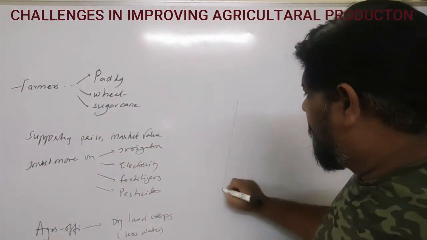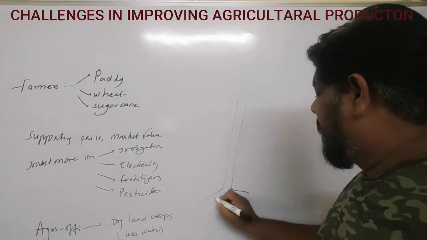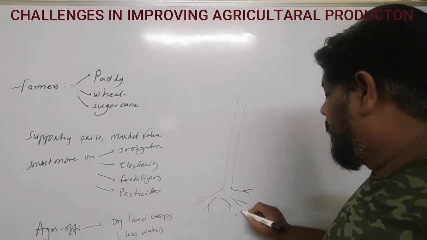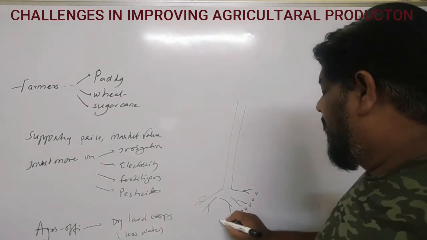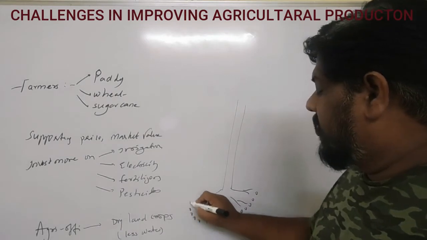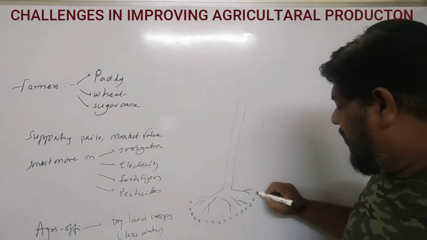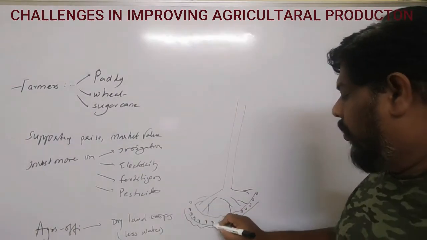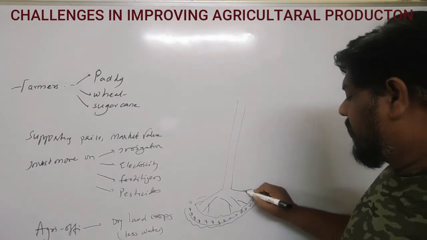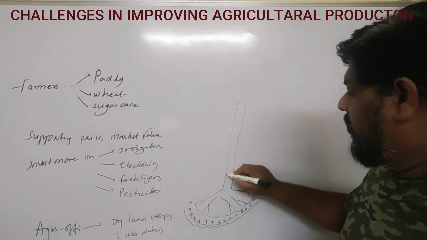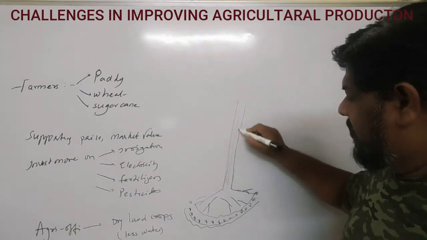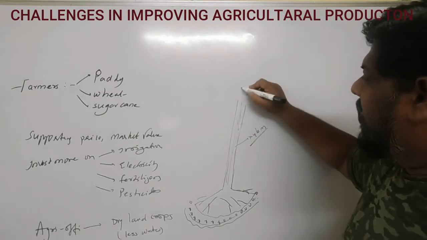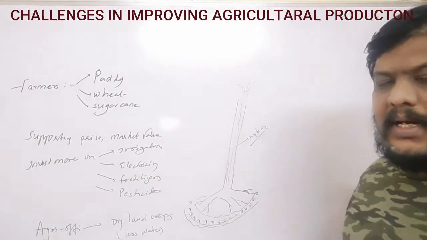We have seen that these are the stem and these are the roots, and roots have root hairs, through which the soil's mineral salts, all the different kinds of salts required for the growth of a plant, dissolved in the water which you pour, enter into the stem, especially into the xylem vessels, and then are transported to the different parts of the plant. So that is what we have studied.